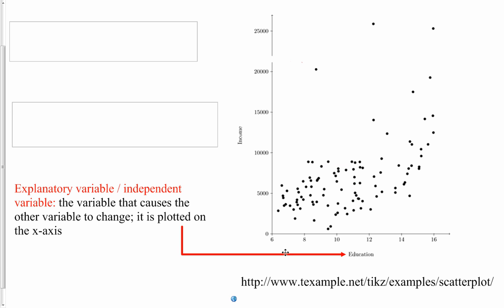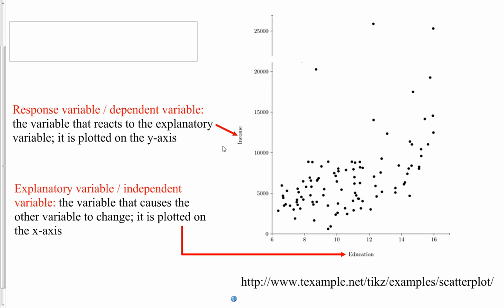The variable on the bottom is called the independent variable, or the explanatory variable if it explains or is the cause of the other variable, the response variable.